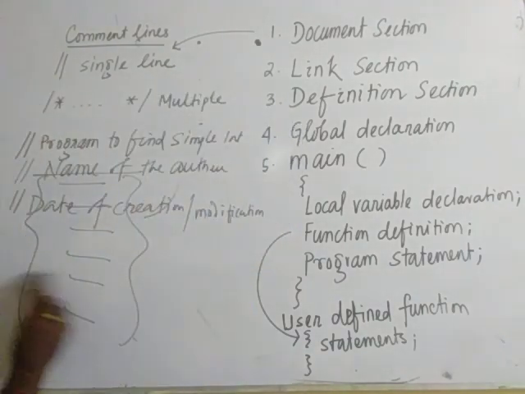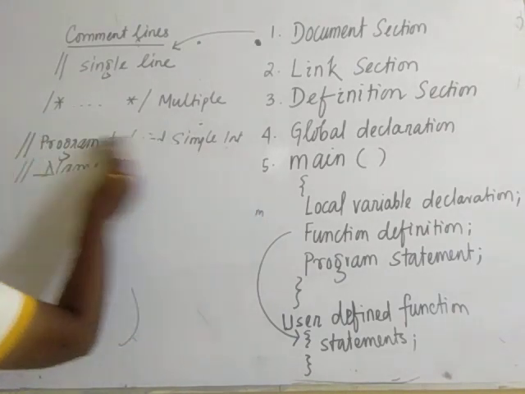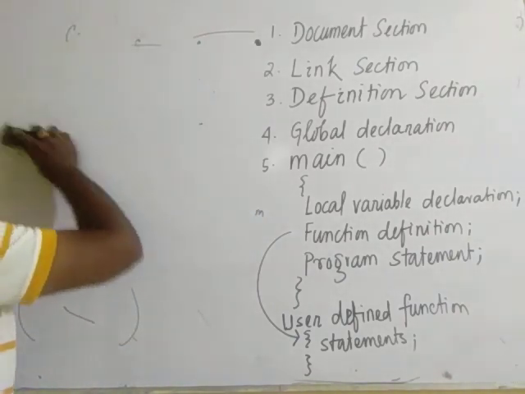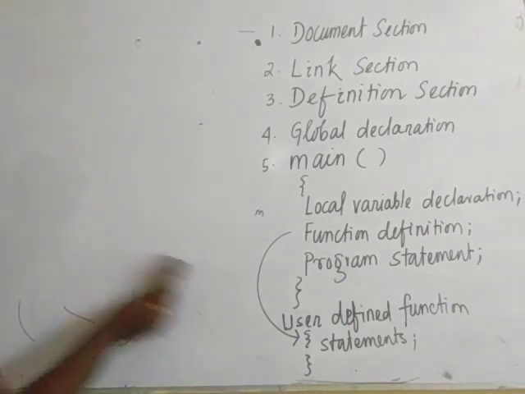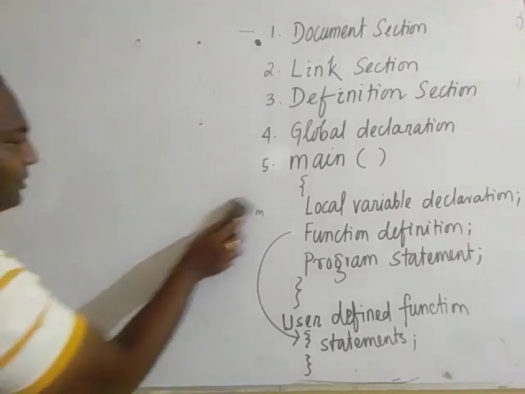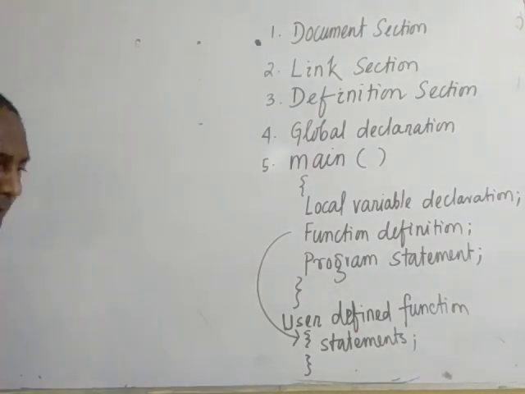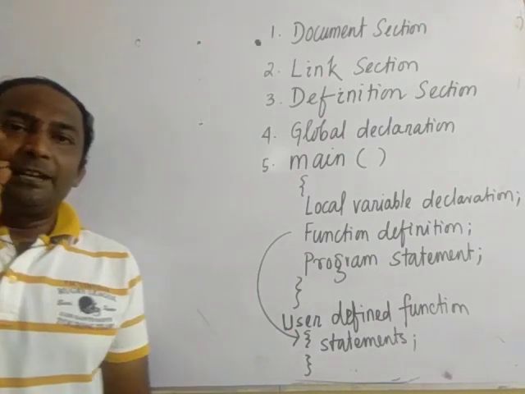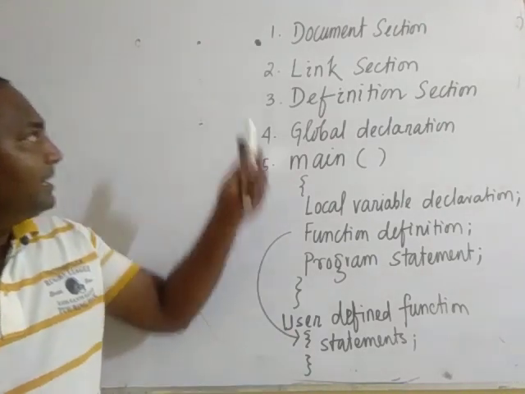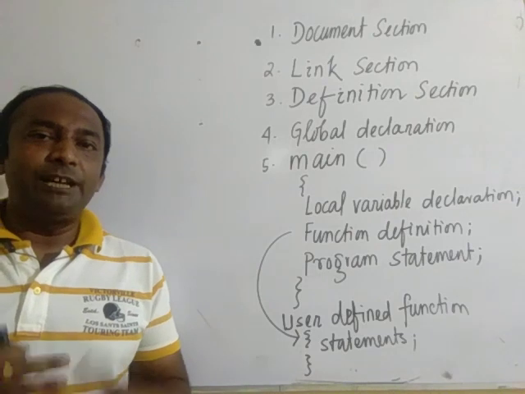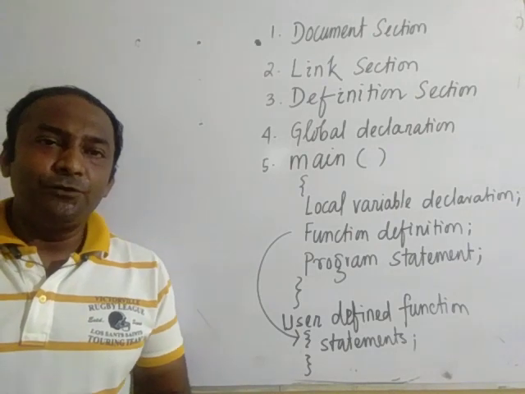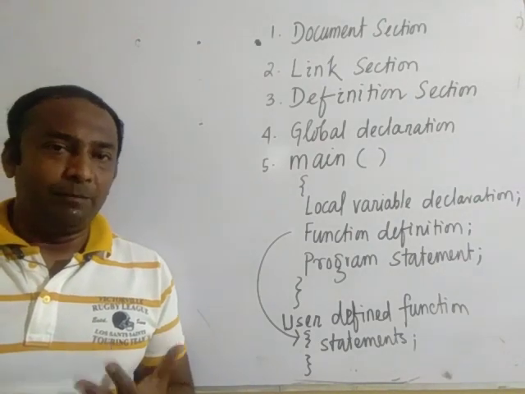This gives a clear idea to another user or programmer what the program is all about. This is the first section. It is not a compulsory or mandatory part, it is an optional part, but a good programmer always writes the documentation section to give a clear idea to another user what the program is all about.